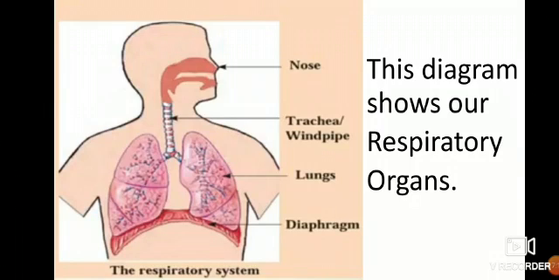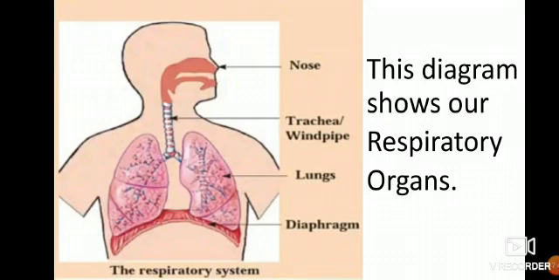So girls, these are the internal parts of the respiratory system: nose, trachea, that is also called windpipe, lungs and diaphragm. These are the organs which are very important for our respiratory system to respire. Except the nose, these all are internal organs. Only the nose is the external organ because we can see it.